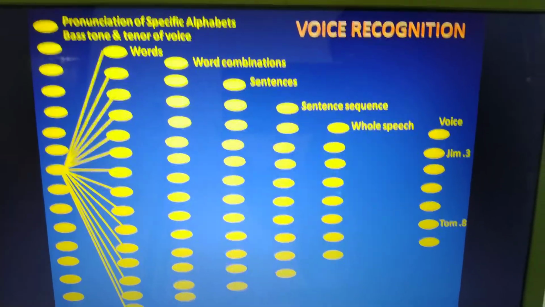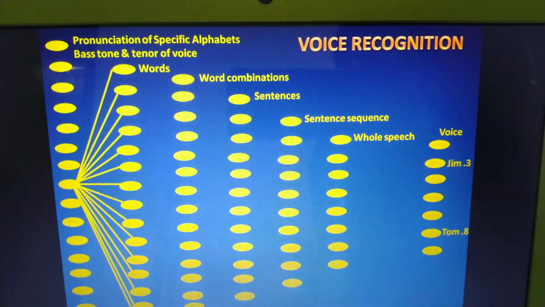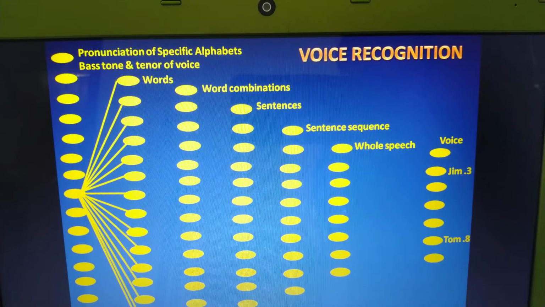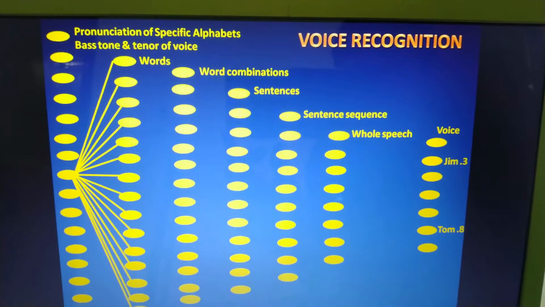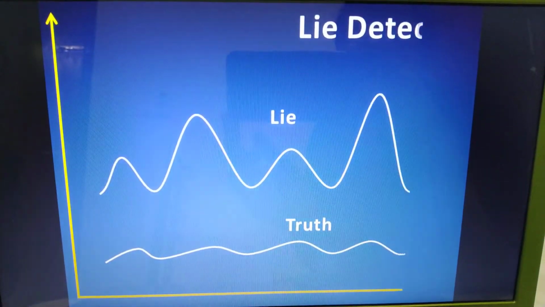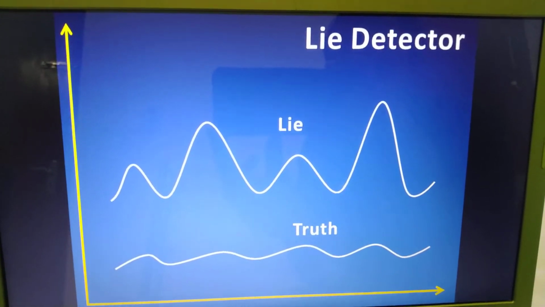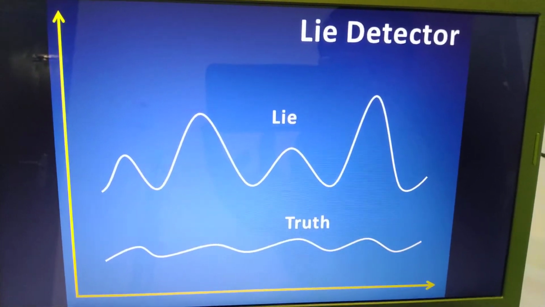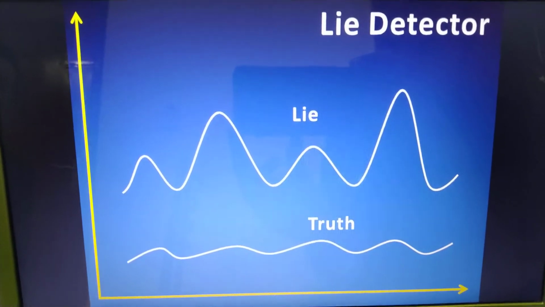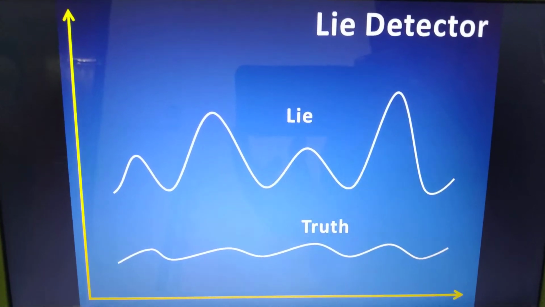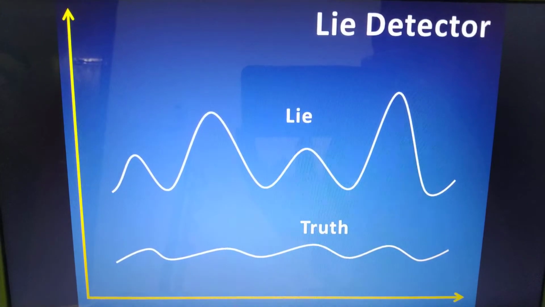Moving on to the complex futuristic area of thought recognition, before which we will take a look at lie detection. This is a very simplistic test. Look at this slide. What does a lie detector do? It will connect certain nodes and read the electrical pulses of the brain. When you say a truth, it's straight from your memory.